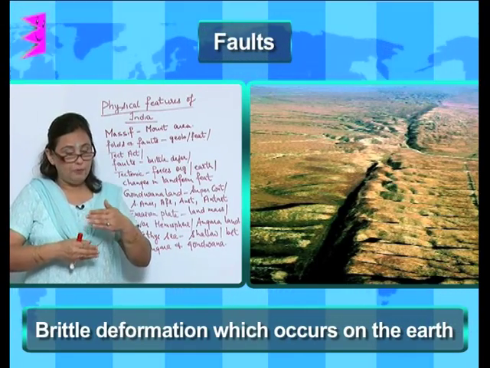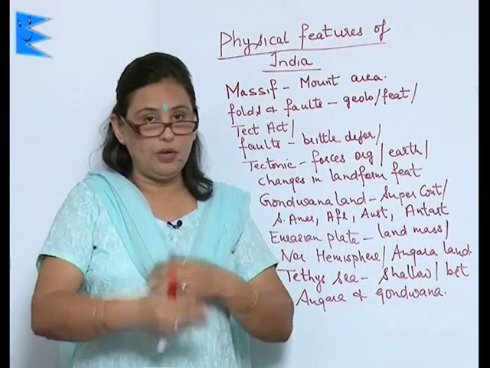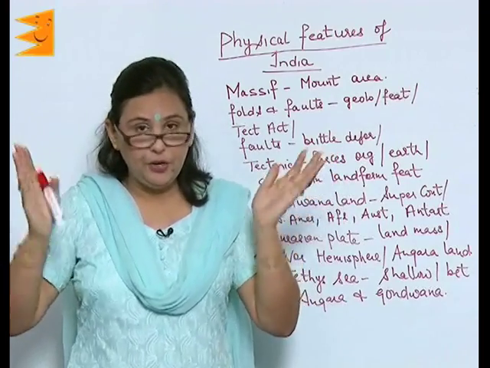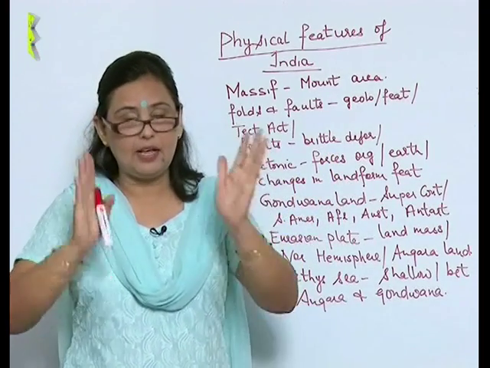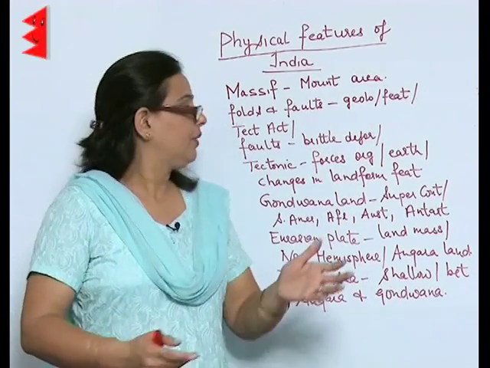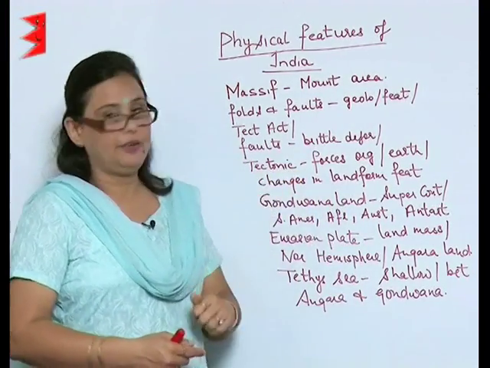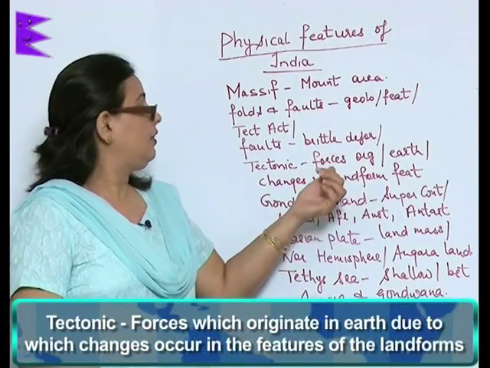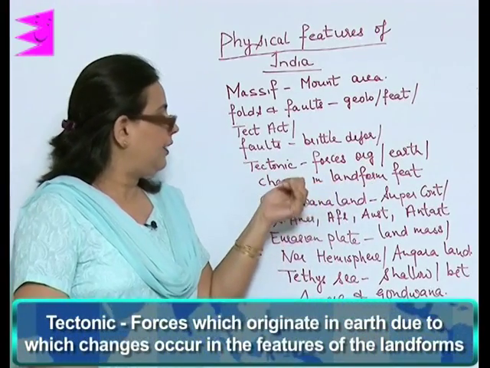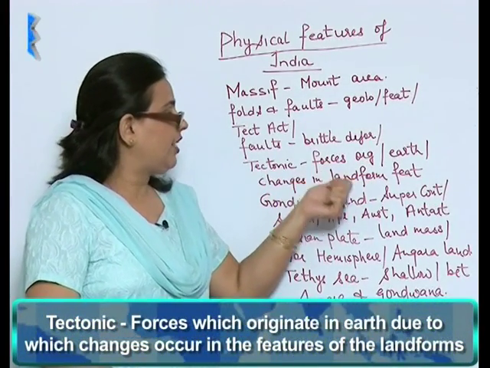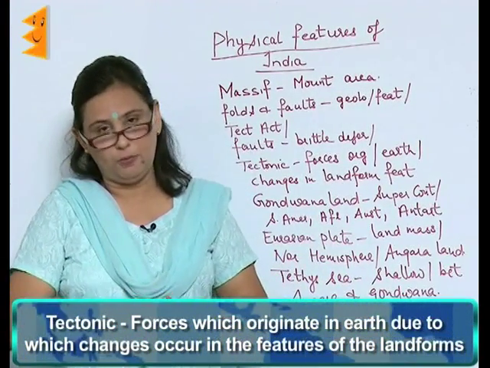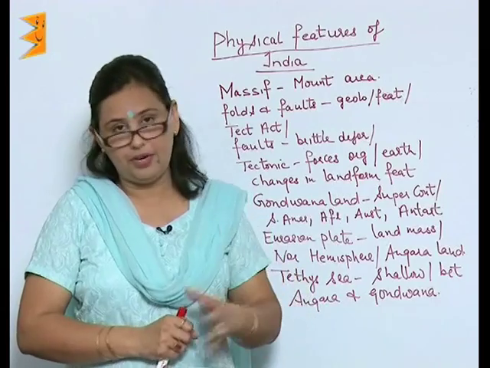So, you see, various activities are occurring on the earth which are slowly going to emerge into a specific kind of landform or relief feature. Next is tectonic. Tectonic are the forces which originate in the earth and due to which changes occur in the features of the landforms. Very, very important activity.